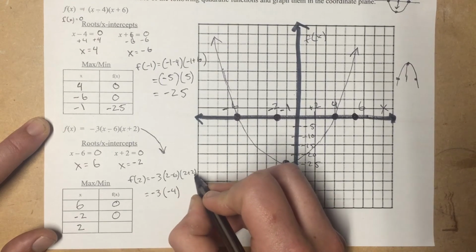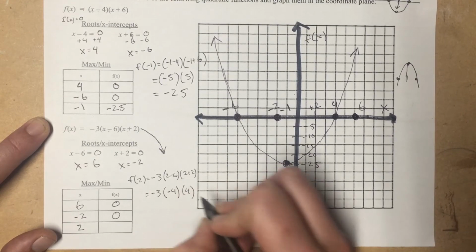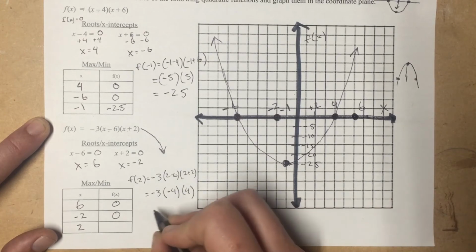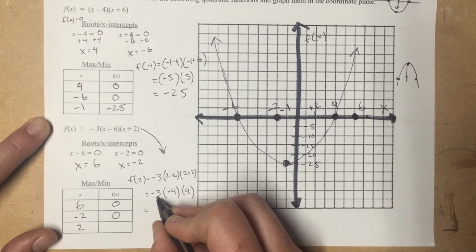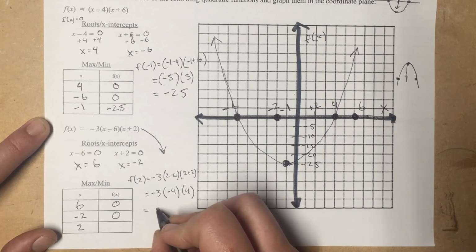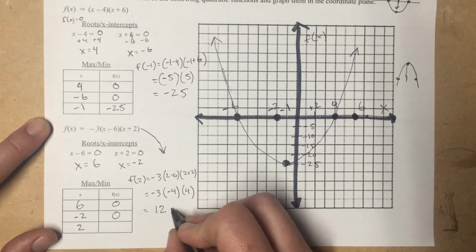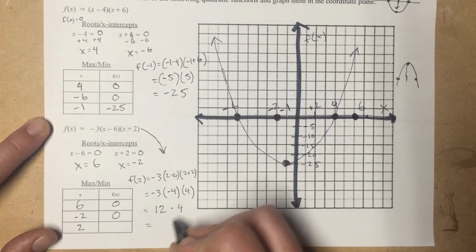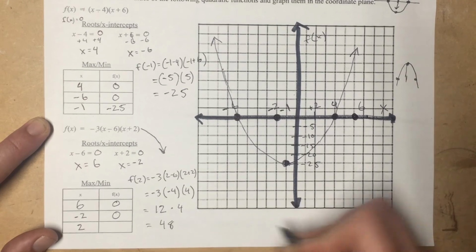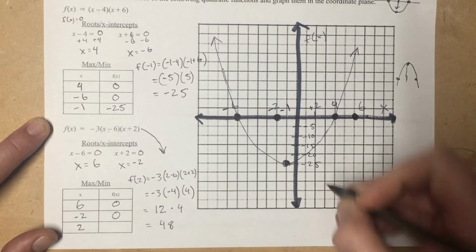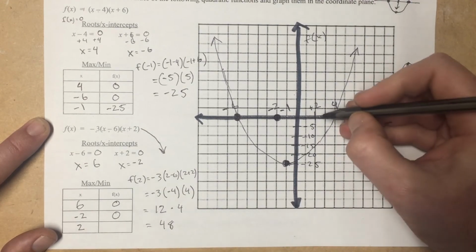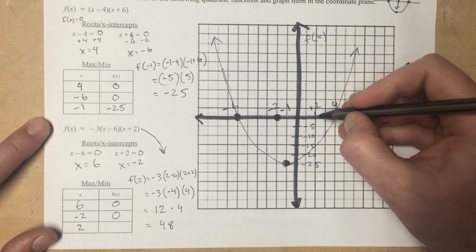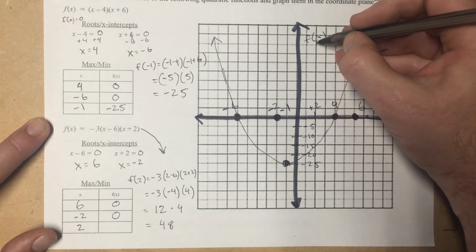And 2 plus 2 is a positive 4. Negative 3 times negative 4, that is a positive 12, times a 4, that makes 48. All right, so we know when x is 2, our f of x is 48.